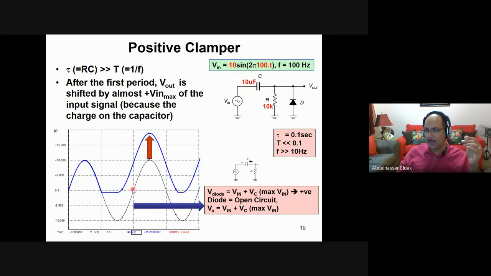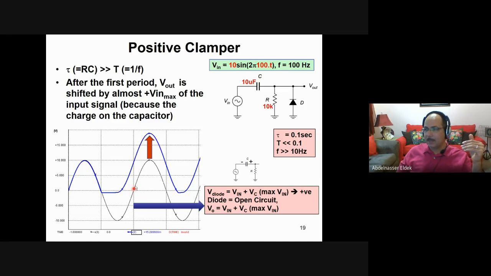So now if the voltage is positive or the voltage is negative, still the diode is open. Why? Because the voltage in the diode here equals the voltage across the capacitor, which is fully charged. It has this 10 volt, plus the voltage here.